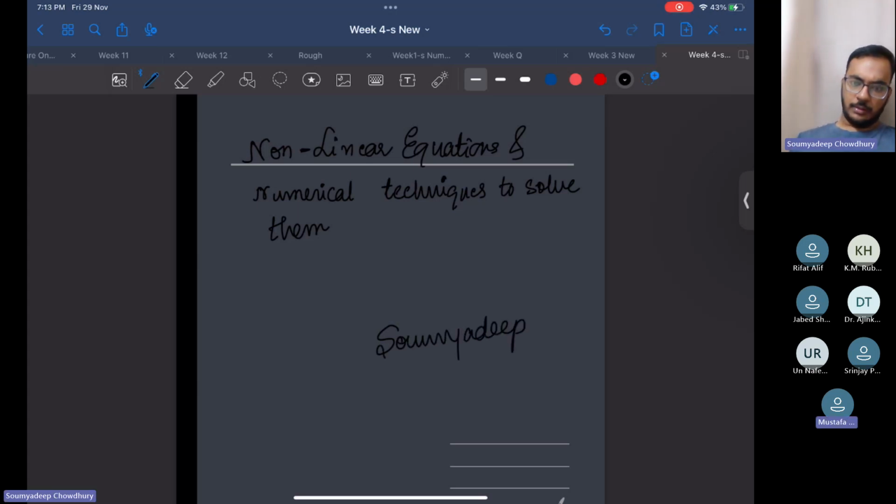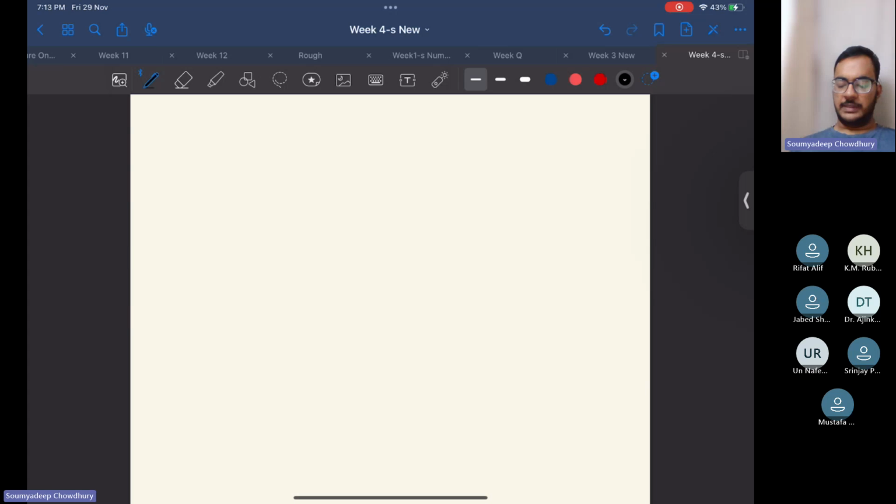So till now we were seeing different linear equations, right? Like of the form ax equals b. So if the equations are of the form ax equals b, we generally call them linear equations.